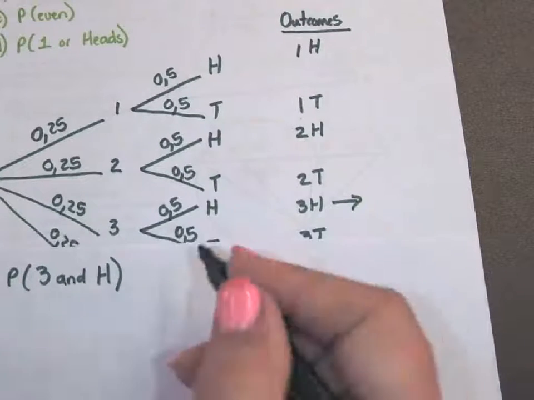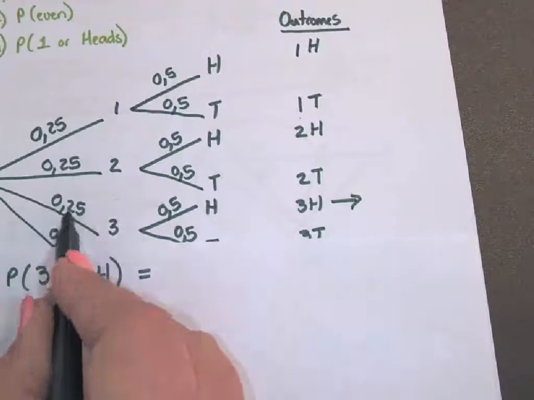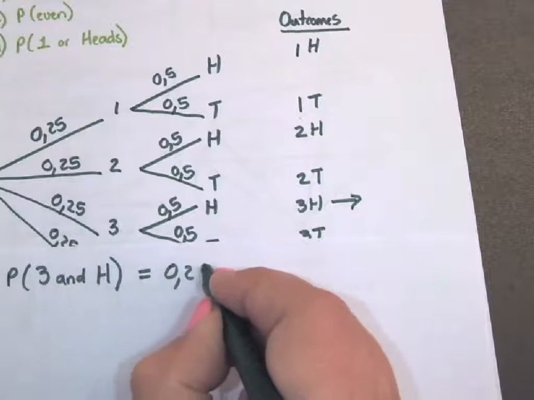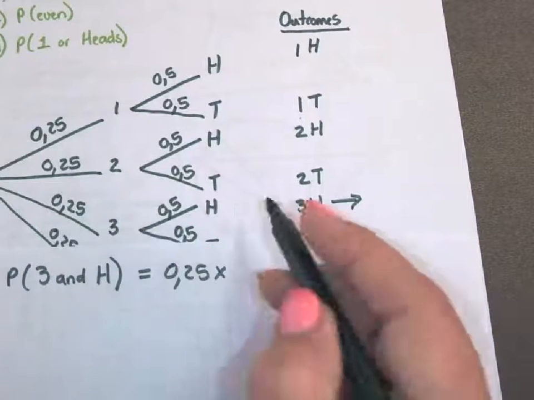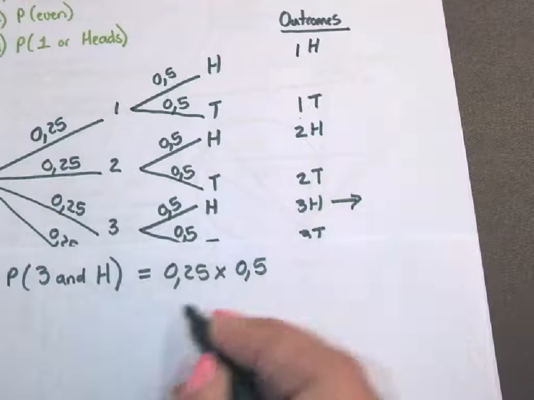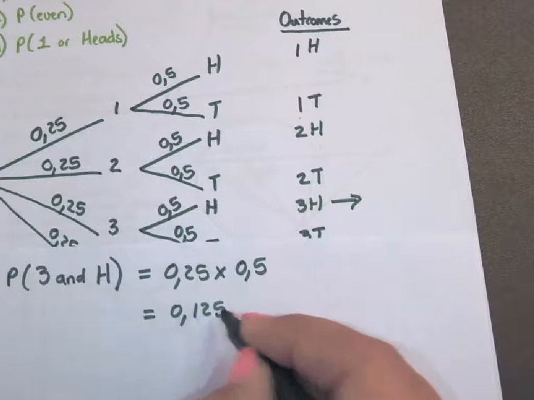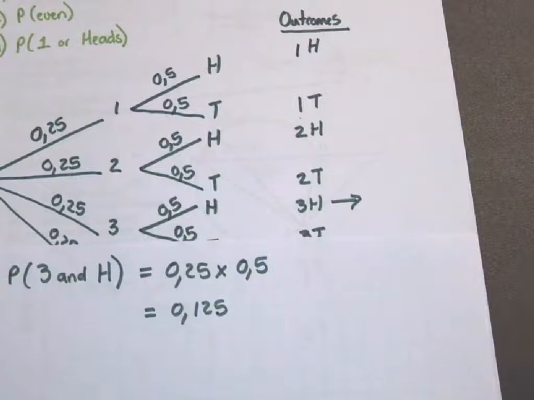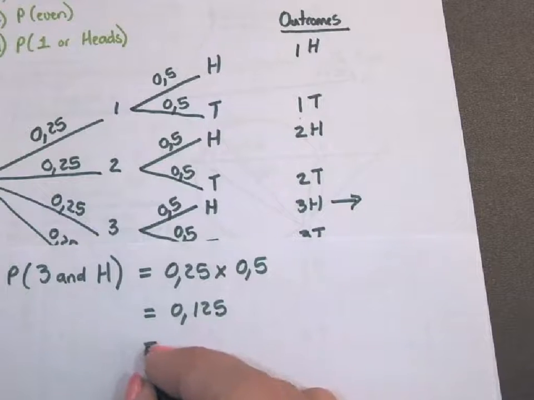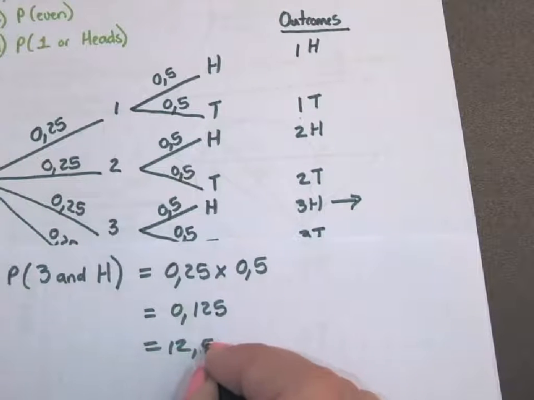The probabilities are 0,25 times 0,5 and you get 0,125. You can either leave it in decimal form, or if they ask you for the percentage, you can change it to the percentage.